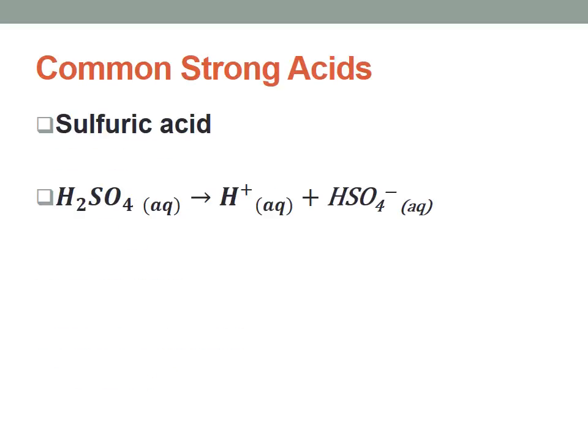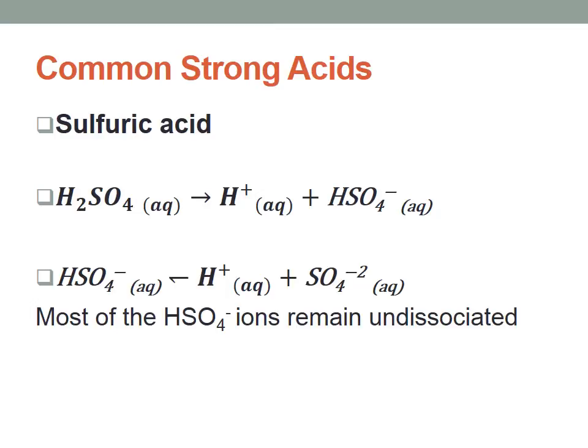So let's look at the dissociation of sulfuric acid in solution. Because it's diprotic, it is going to lose one proton at a time. When you start with sulfuric acid, it's going to completely dissociate to give us hydrogen sulfate. So sulfuric acid is a strong acid, but the hydrogen sulfate does not completely dissociate.